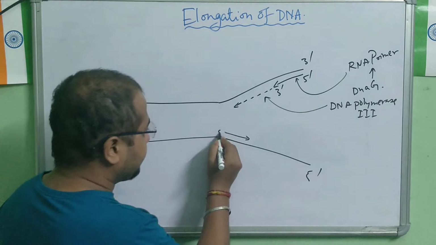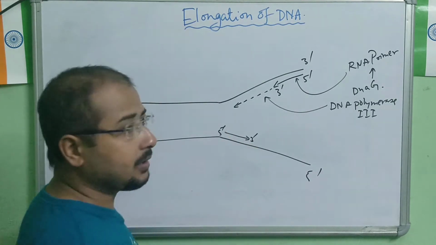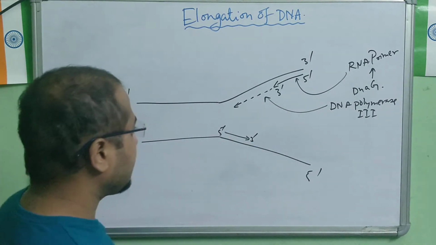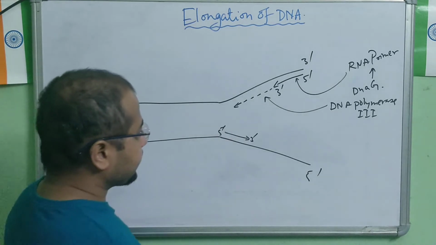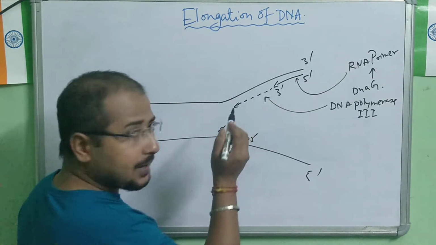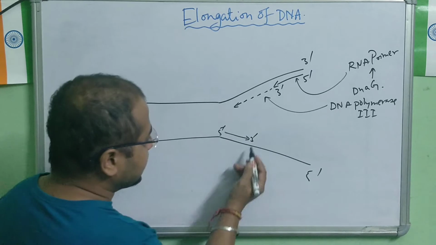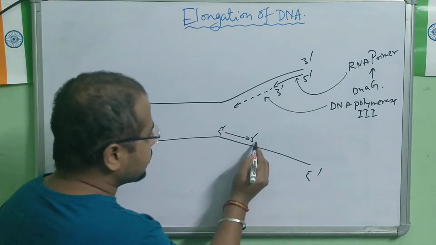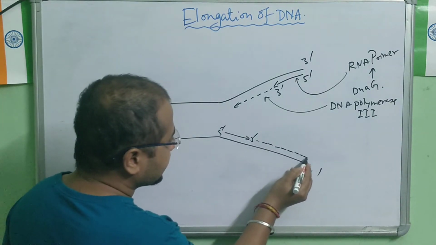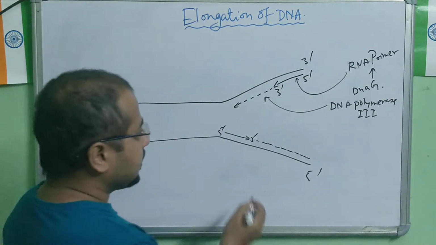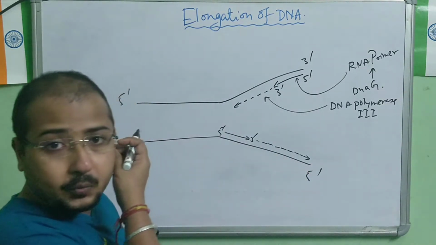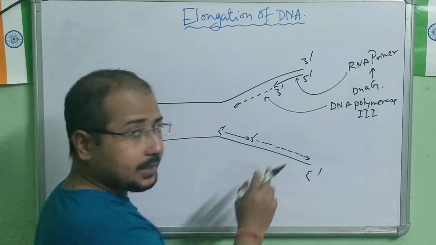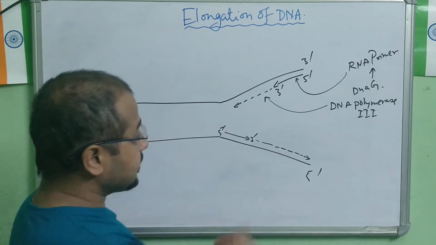So 5 prime should be here, 3 prime should be here in this direction, correct? If I go according to this situation, the DNA polymerization should start from here and go in this direction, but this is not happening in this strand.